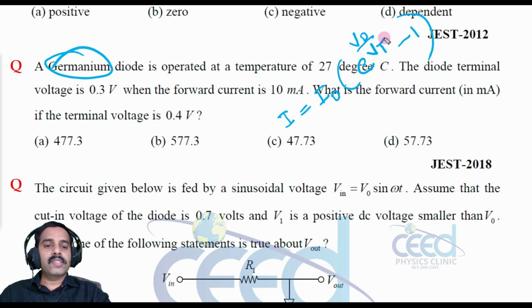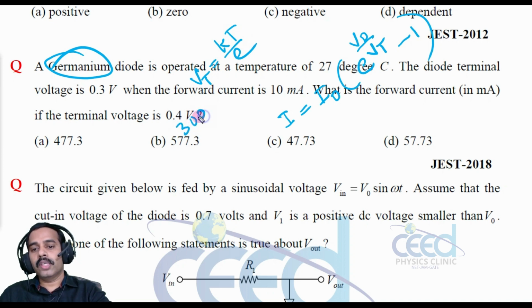Now this thermal voltage, we have already seen, is kT by e. We already know that at 300 Kelvin, that means 27 degrees Celsius, at room temperature this value is 26 millivolt.